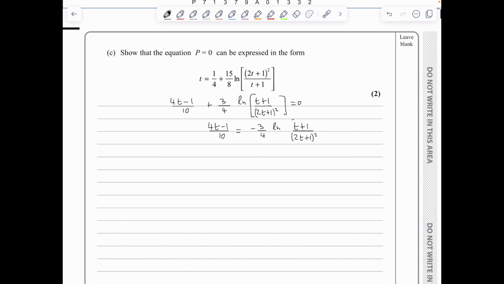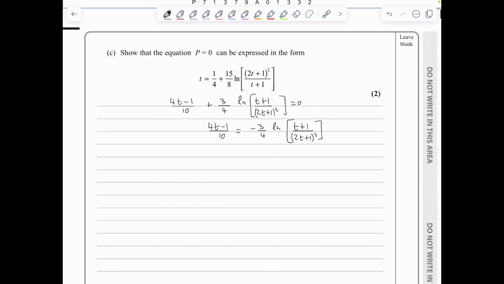So notice that we need to arrive at something that involves ln of (2t plus 1) squared over (t plus 1). So it makes sense to take the negative sign here and take it up as a power over here. This will help me into flipping the expression within the logarithm.